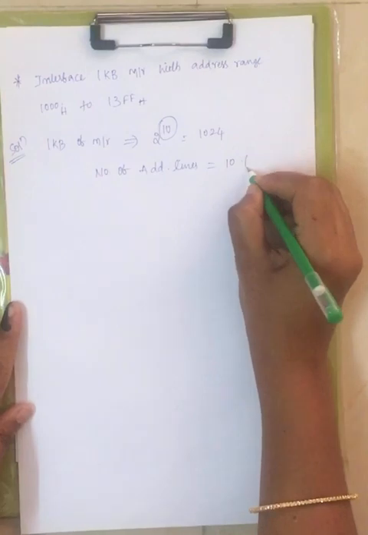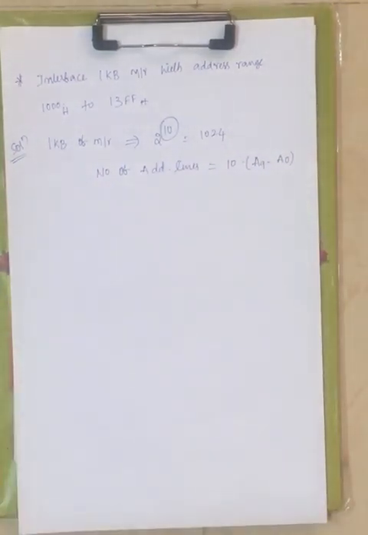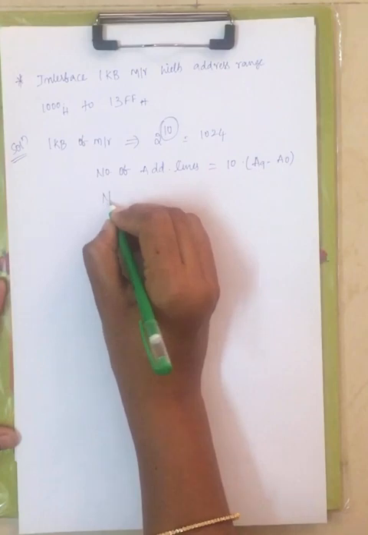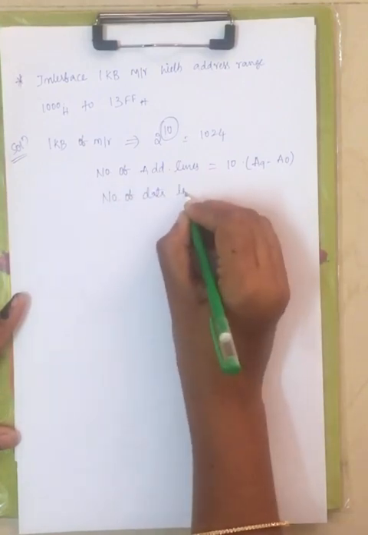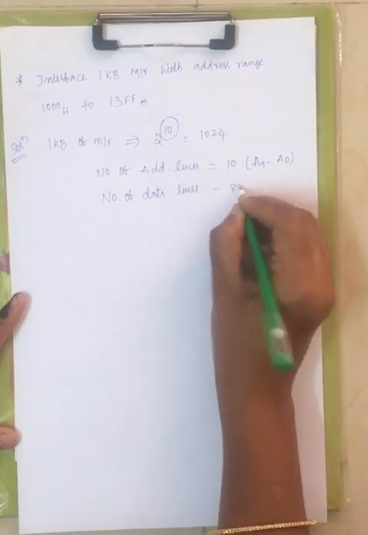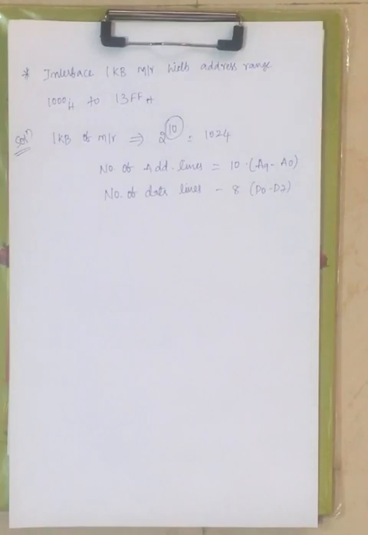Now the number of address lines is 10, those are A9 to A0. And the number of data lines is 8. It will remain the same, D0 to D7, or D7 to D0.